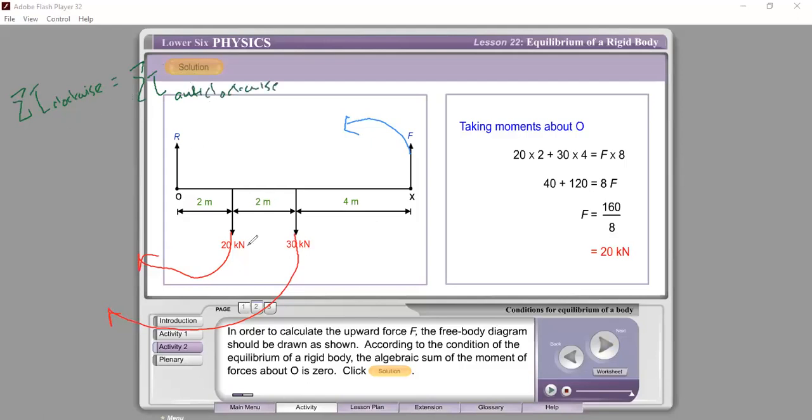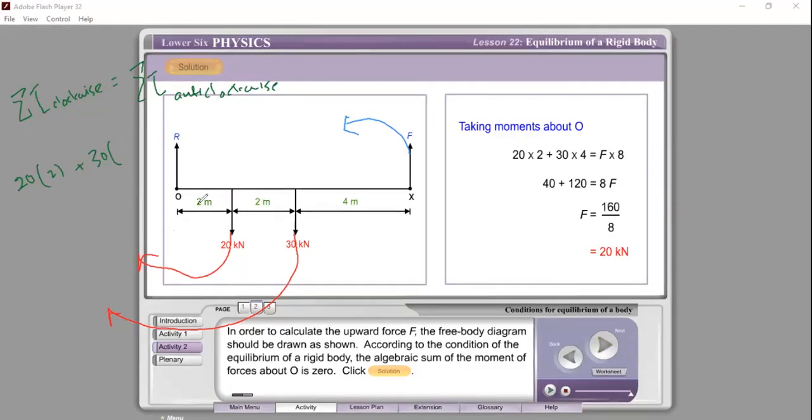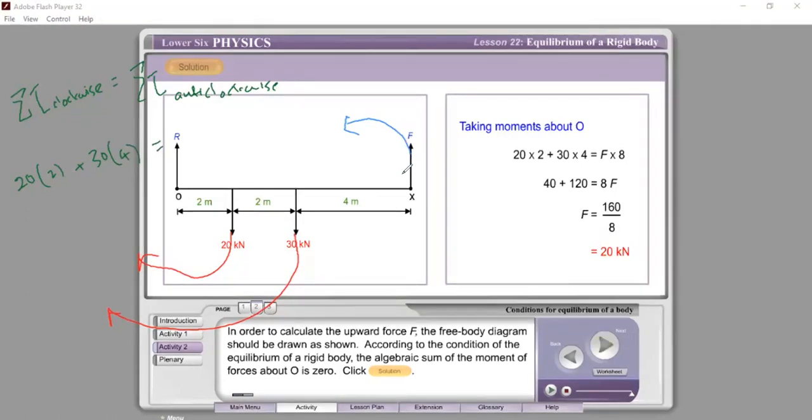In the clockwise direction, it will be 20 kilonewton times the distance of 2 meter, plus 30 kilonewton times the distance of 4 meter, equal to the anti-clockwise moment.